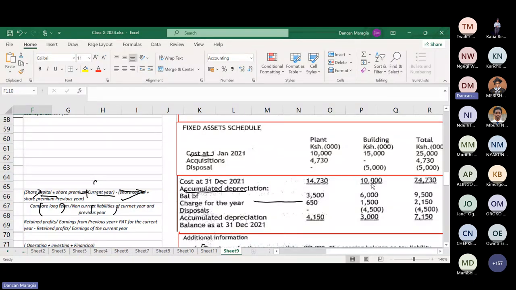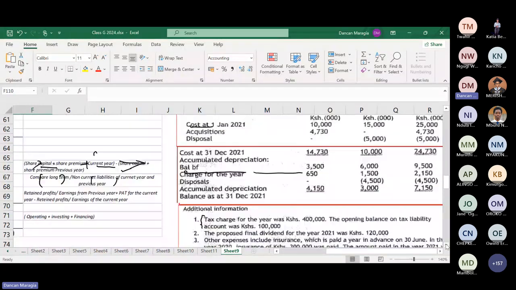So the building that was sold had an original cost of 5 million, but it also had accumulated depreciation of 4,500. Because under disposals, you also see that accumulated depreciation of 4,500 is being deducted. So by the time we were selling the building, what was its remaining value? How do you get the remaining value?